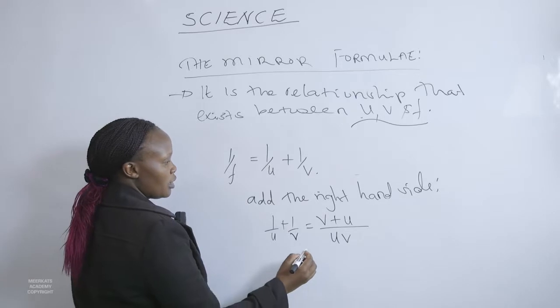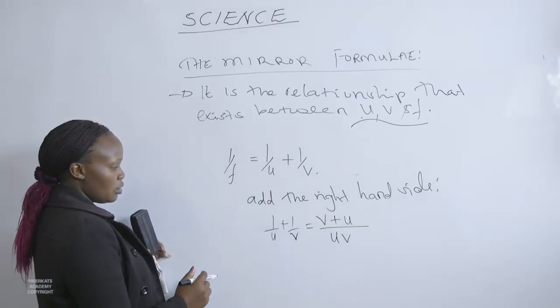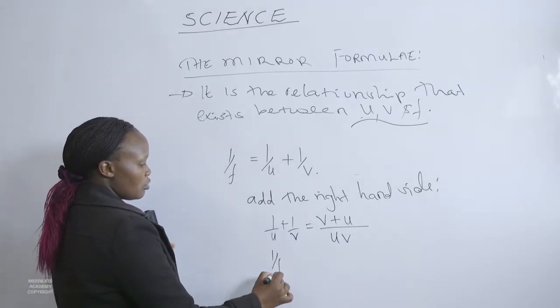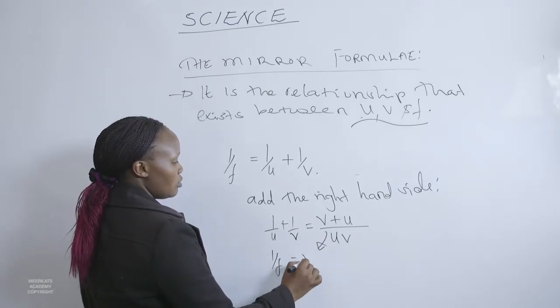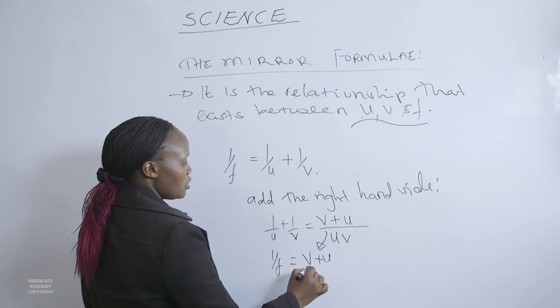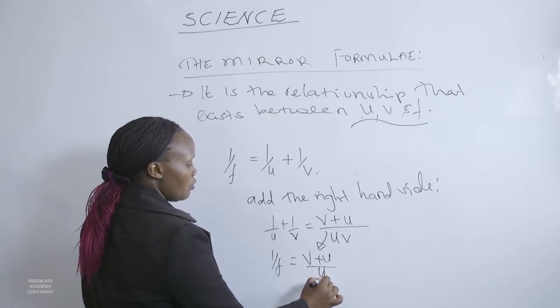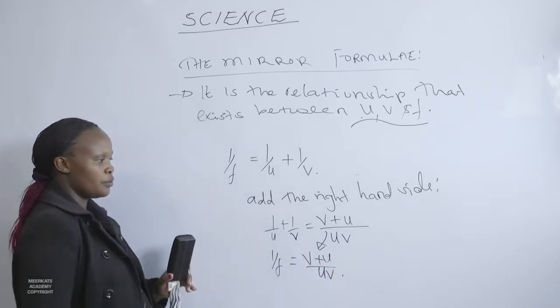But remember, the left hand side is not changing, so 1 over F can be equated to that, so that we have V plus U over UV.